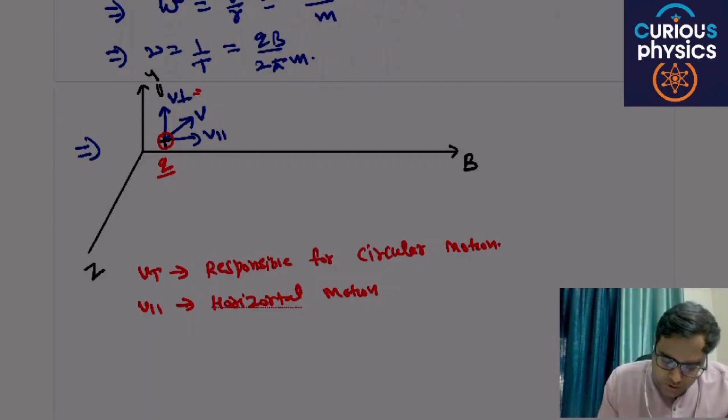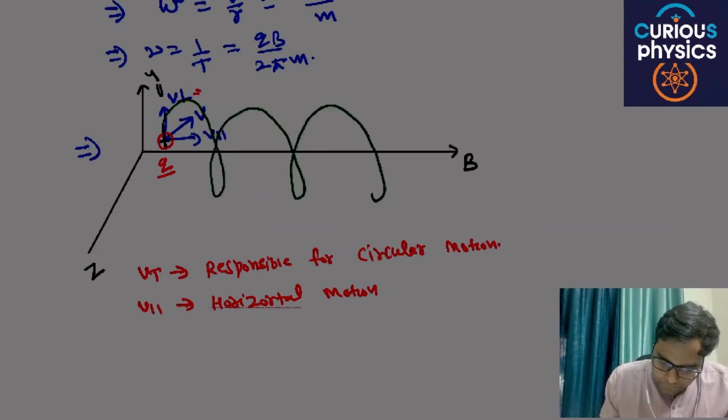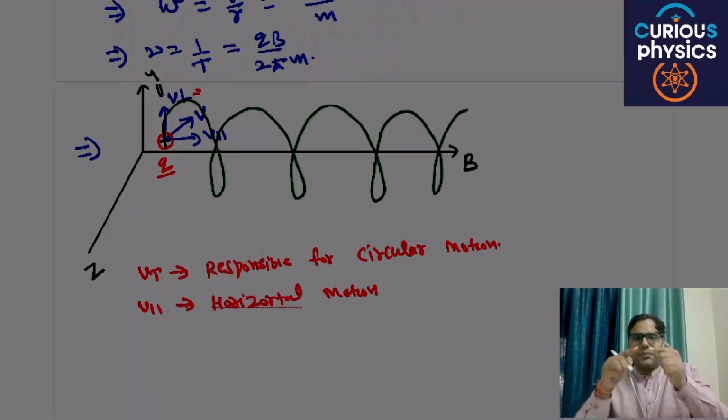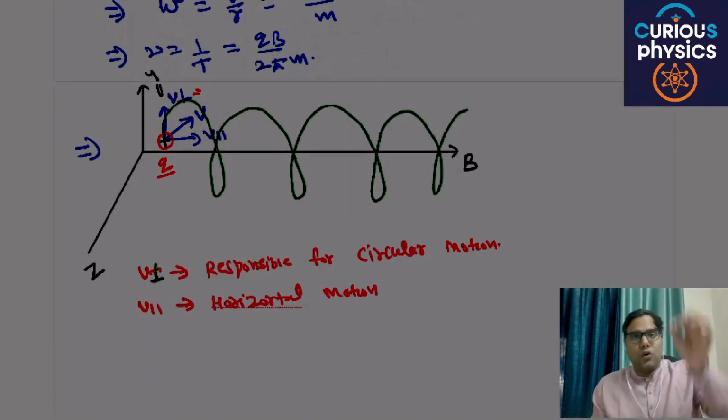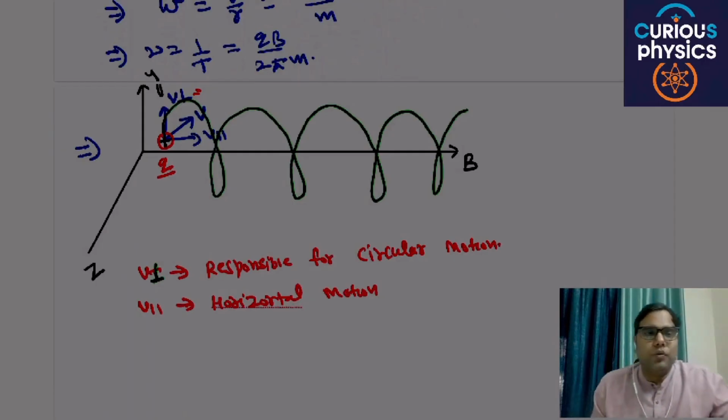So the motion will be like this. V perpendicular is responsible for forming the circle, and V parallel is responsible for moving the charge in the forward direction.